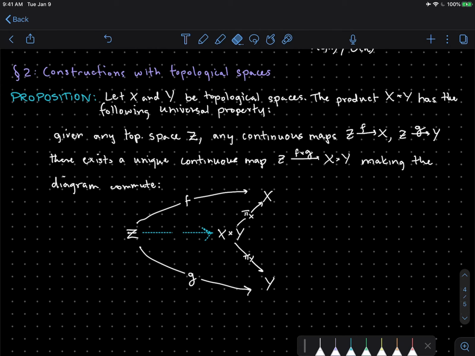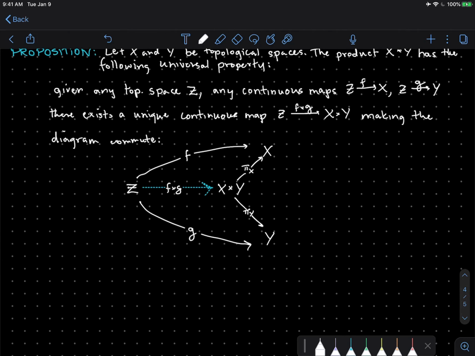And this is the map, F cross G. So there's that unique map that makes this diagram commute.